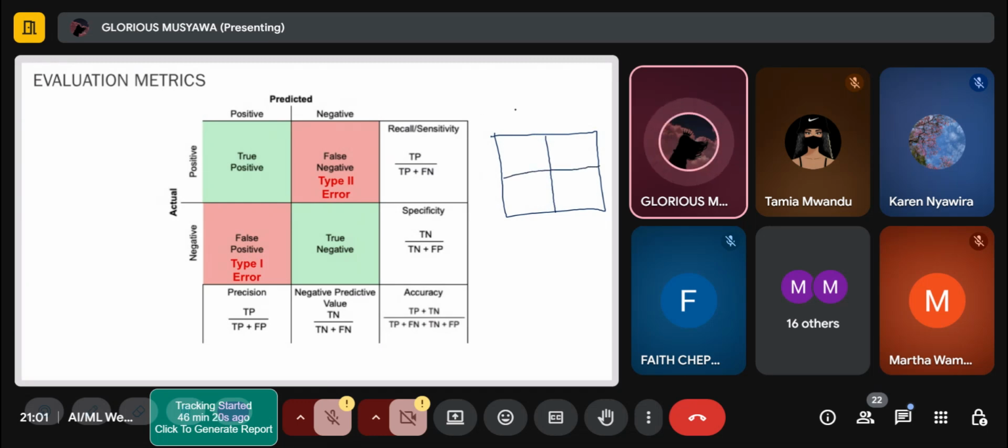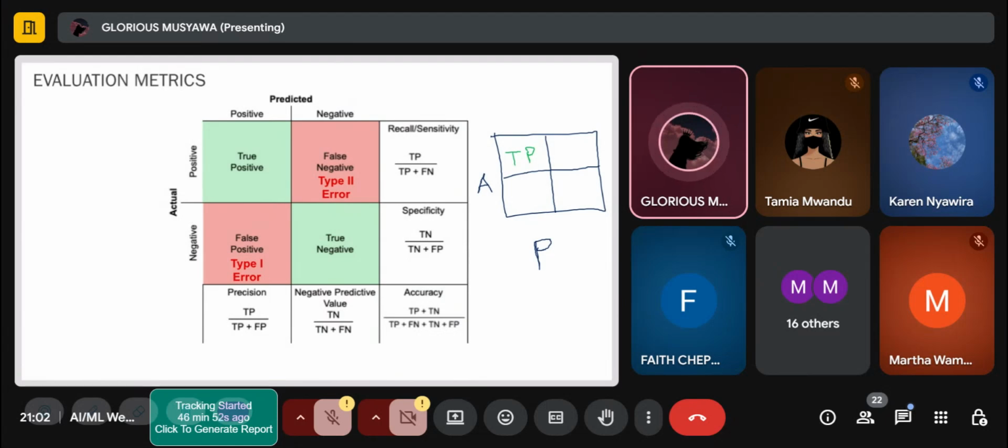Then this is the predicted, let me say P, and this side is the actual. So this is true positive. True positive represents where the model has predicted and it has predicted correctly.